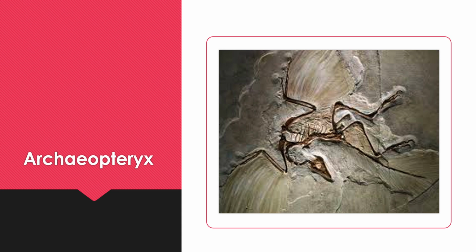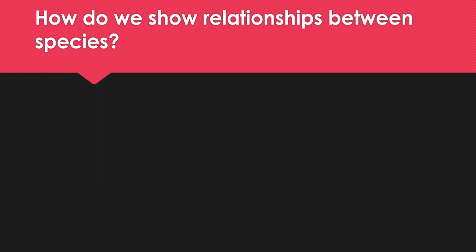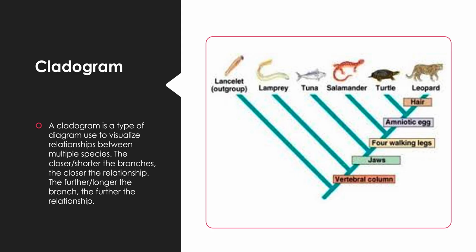Okay. All right, we're going to move on to one last bit here. How do we show relationships between species? Once we find out who is and is not related, how can we put that into a diagram? We use a cladogram. I apologize for how blurry this image is, but a cladogram is used to show the relationships between multiple species, and the closer that the branches are together, the more related.